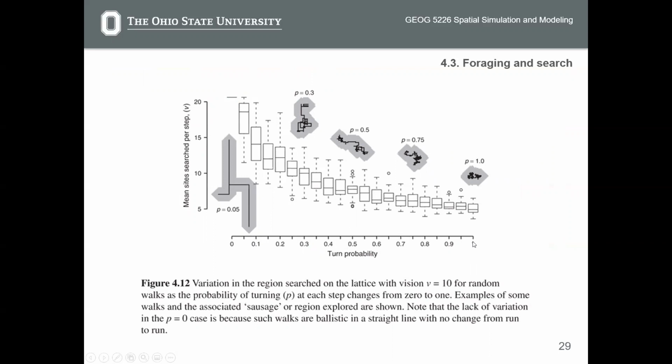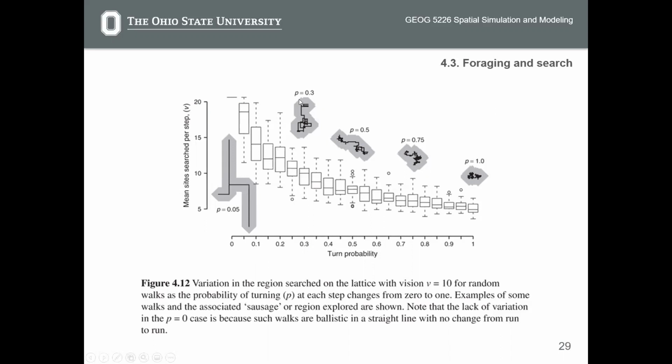If it is 1, it means that at each step, the walker will change direction. Okay, here we have some special patterns as examples. If P is equal to 0.05, which means the turn probability is pretty low, you can see the spatial pattern of the trajectory of the walker is very simple, several straight lines, because it's not likely to change direction.